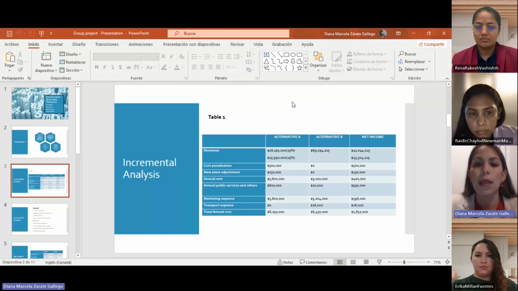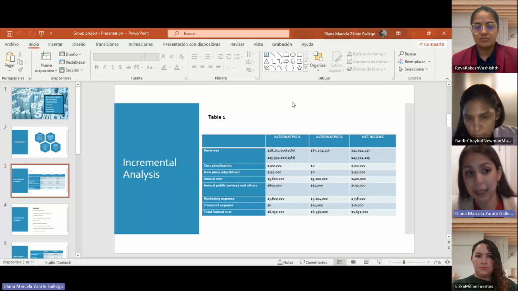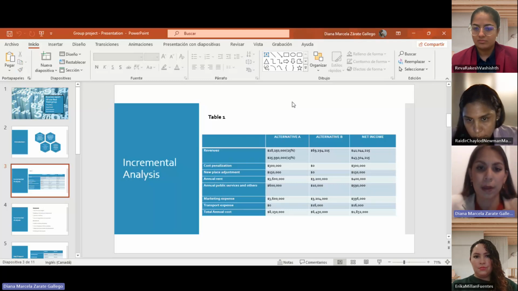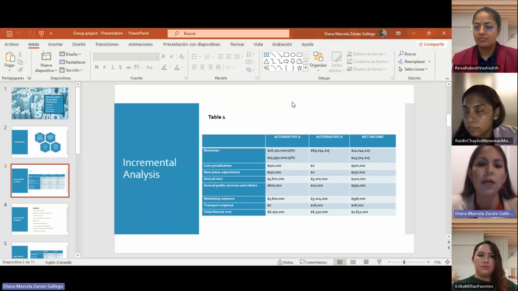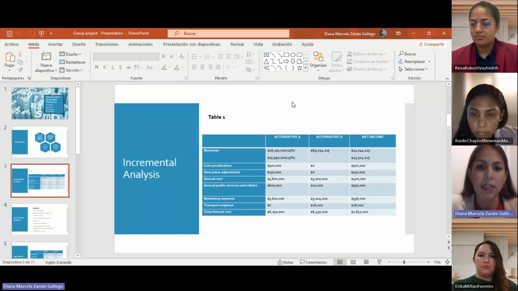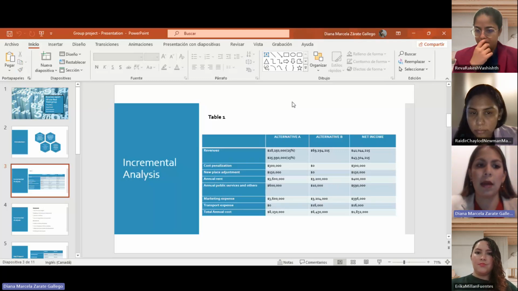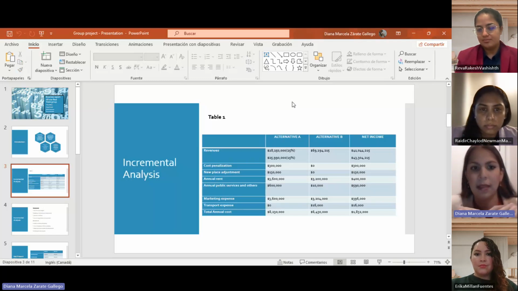And we evaluate two alternatives, alternative A and alternative B. These are the data about revenues, cost penalization in the case of alternative A, new place adjustment, annual rent, annual public services and others, marketing expense, transport expense, and total annual cost. And my partner, Erica, will explain more deeply about this data that we analyzed through the incremental analysis method.